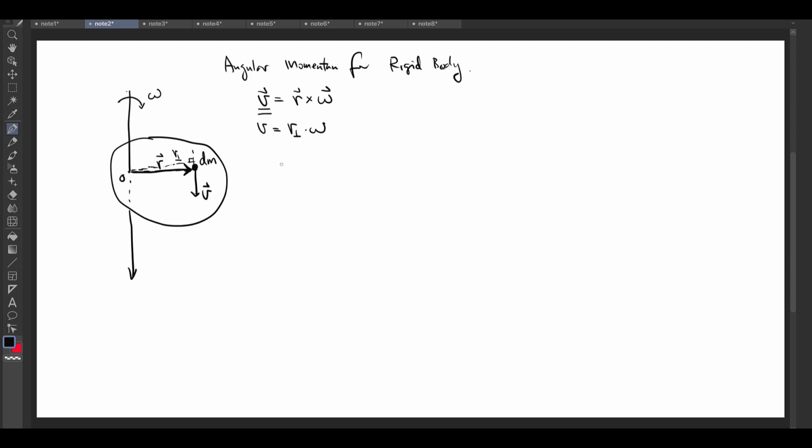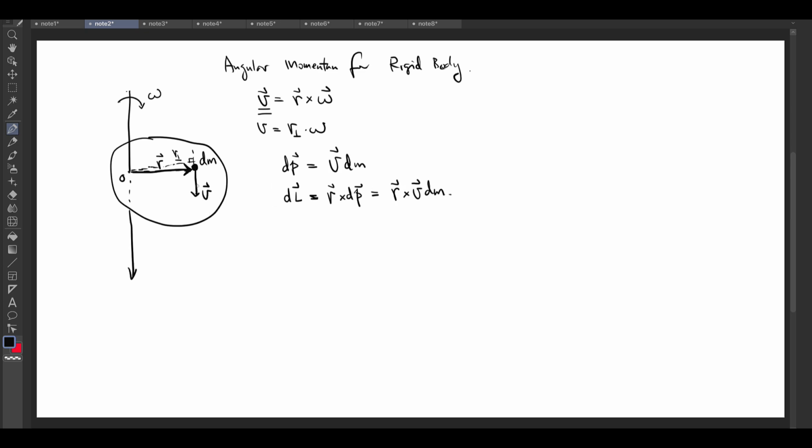So when I define linear momentum dp, I will get v dm, right? So that's the linear momentum. And if I calculate the angular momentum for this dm mass, then we have dL, which is r cross dp, given by r cross v dm.